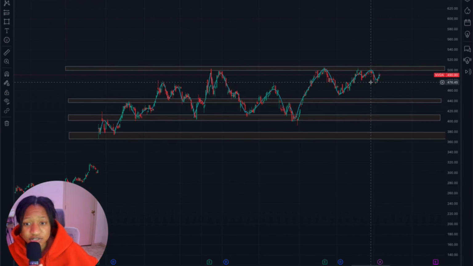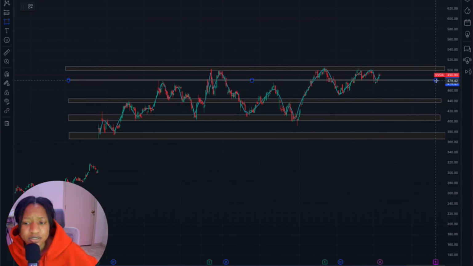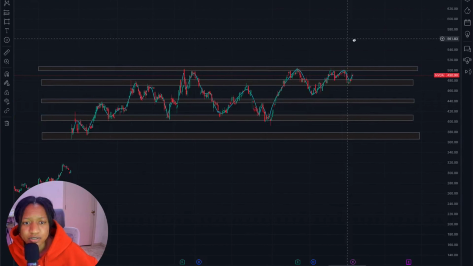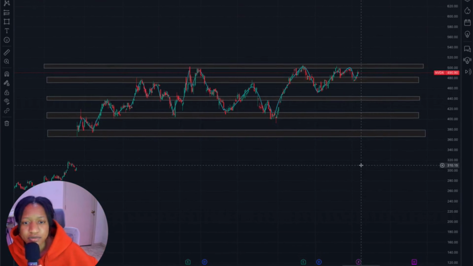This actually acts as support and resistance, so I think I'm going to draw a beam there as well, because that looks like a healthy support and direct resistance right there. Yep. So this is how I draw my support and resistance lines.